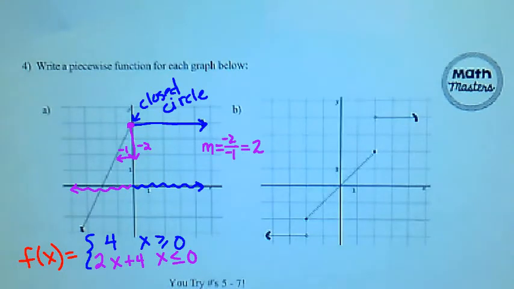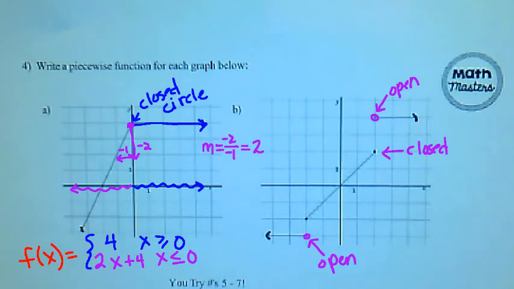For this one, we are going to have 3 answers rather. We have one right here, one right here, and one right here. Just to point this out, this is open, this is closed, and this is open.